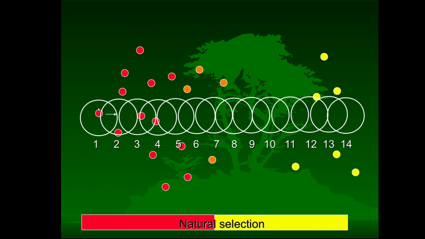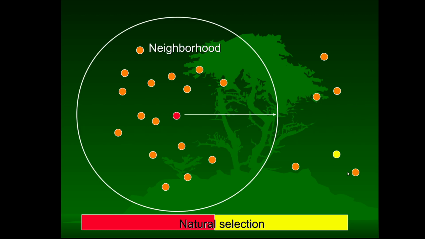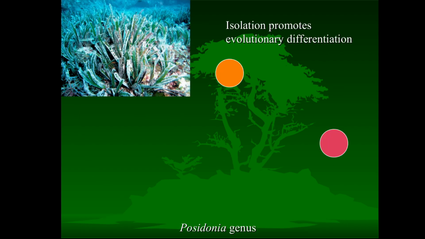But if the migration is small each generation, then that allows much greater differentiation into yellows on this side and reds on this side of the region occupied by the population. So population subdivision or isolation, reproductive isolation, tends to inhibit genetic homogenization, which allows evolutionary differentiation as a result of disruptive selection.